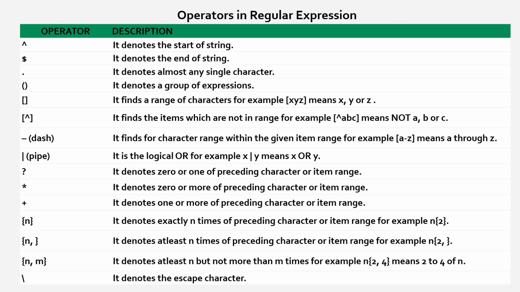Bracket denotes a group of expressions. Square bracket refers to the range. For example, if within that you specify 1, 2, 3, 4, 5, so 1 or 2 or 3 or 5, that is the meaning. Otherwise if you specify some characters x, y, z, then x or y or z is the meaning.